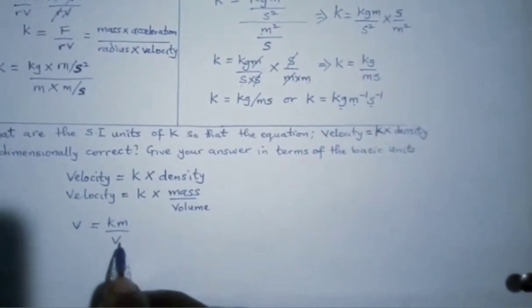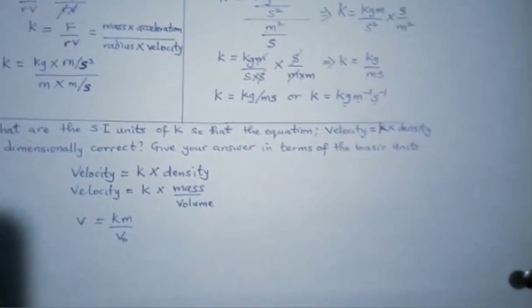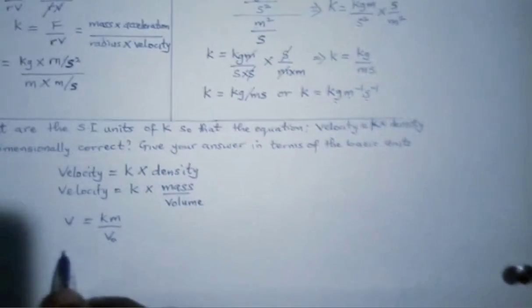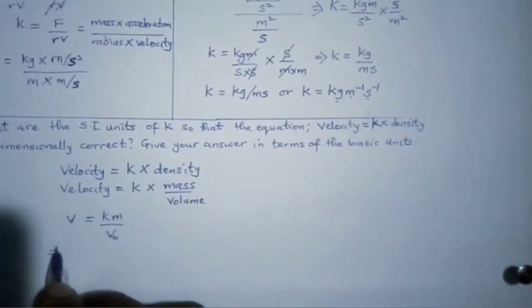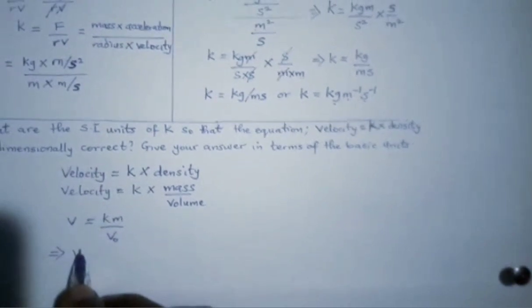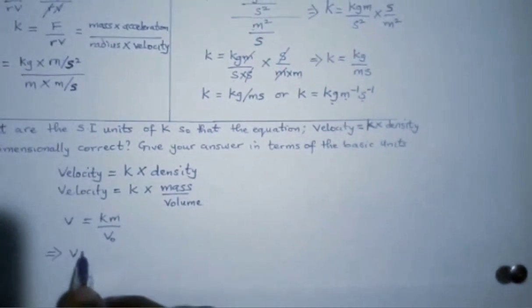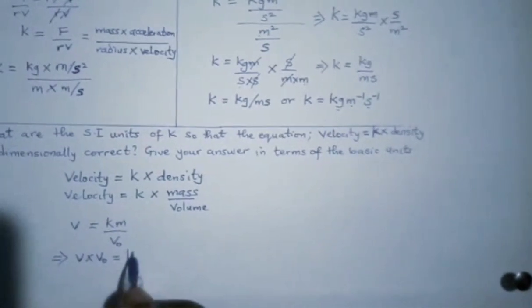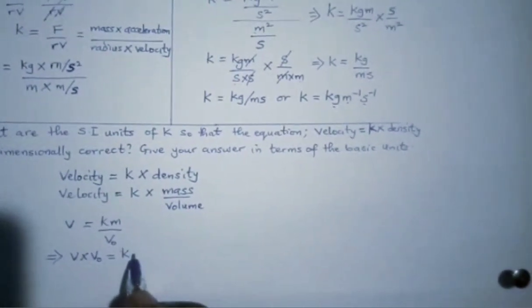Let me represent volume with V naught. So this implies that V multiplied by V naught is equals to Km.